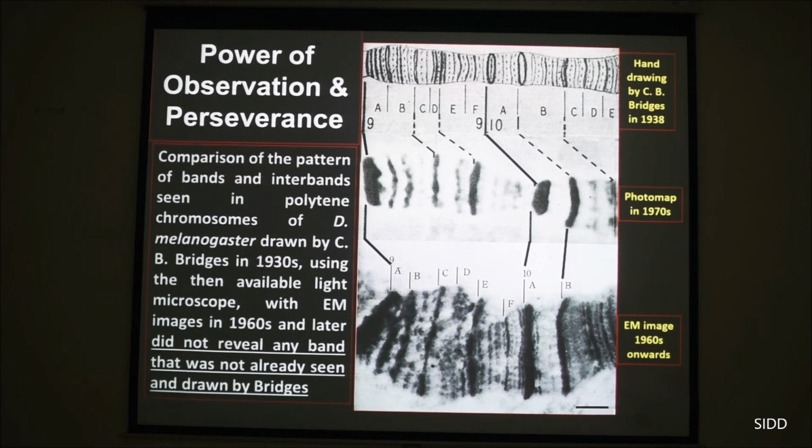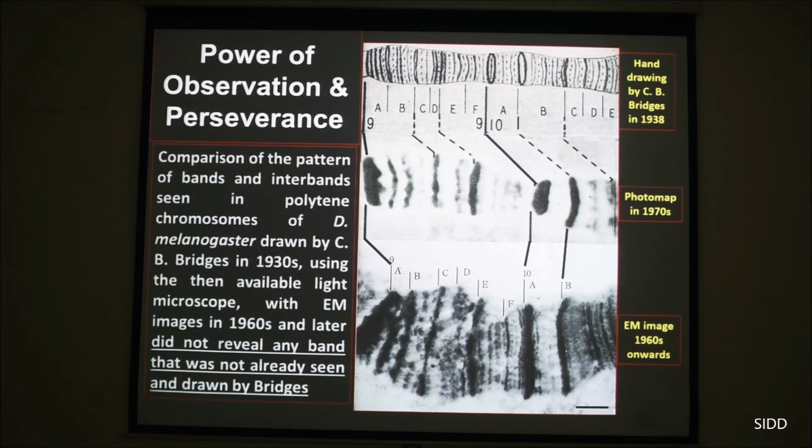But what is interesting and an eye-opener is, when you look at this region I show you, each of these bands, when you compare with what Bridges had drawn, EM could not discover a single extra band. Though the level of resolution between EM and light microscope differs by several orders of magnitude.